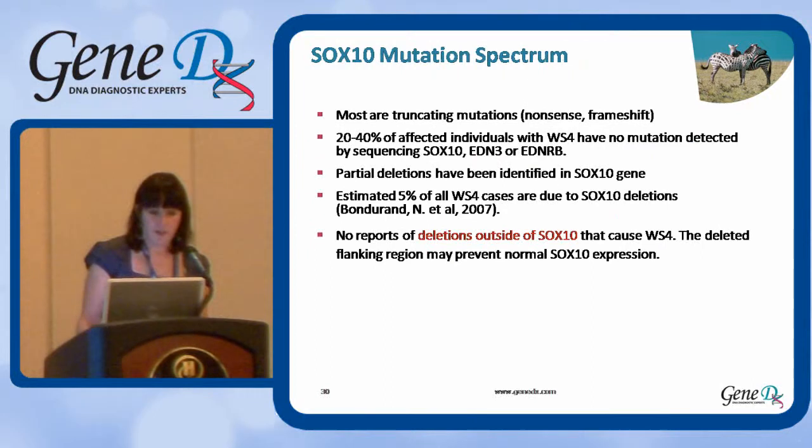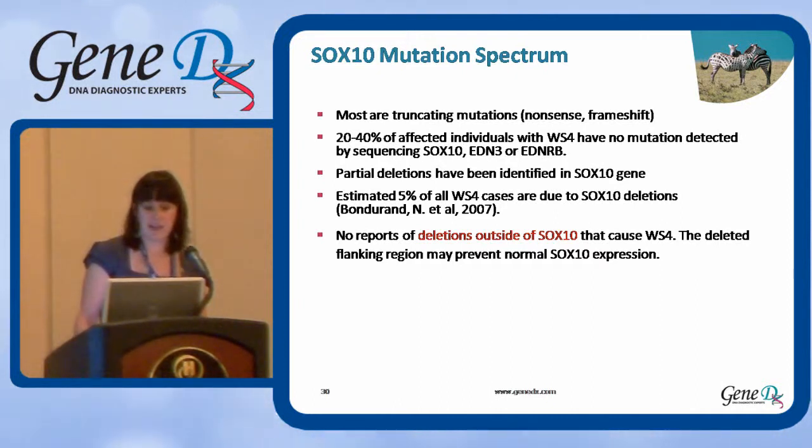Just to briefly summarize SOX10, the mutation spectrum: most of them are truncating mutations, nonsense and frameshift mutations. Partial deletions have been identified within the SOX10 gene, and approximately 5% of all Waardenburg syndrome type 4 cases are due to SOX10 deletions.